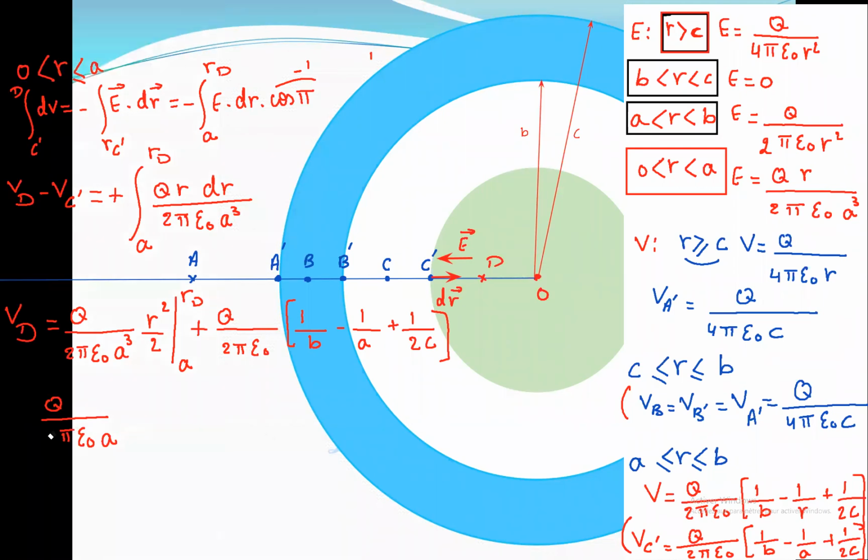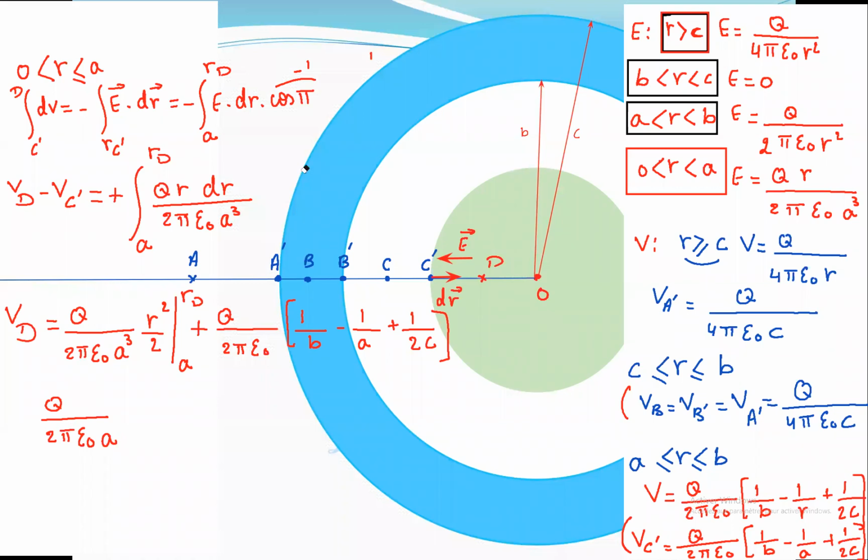Anyway, equals 4. r square, we can write rD square minus A square, plus this value.